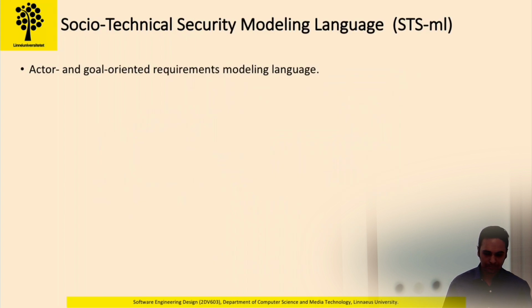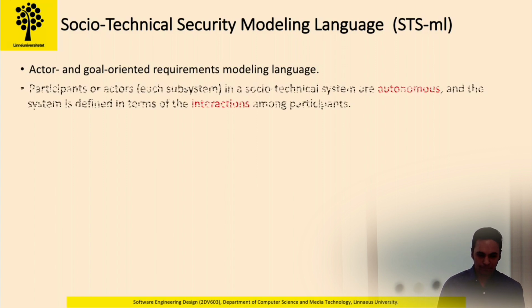And it is also a goal-oriented requirements modeling language. Every actor has a goal that he wants to achieve through the interaction. And STS-ml focuses on these two very importantly: the actor and the goal.